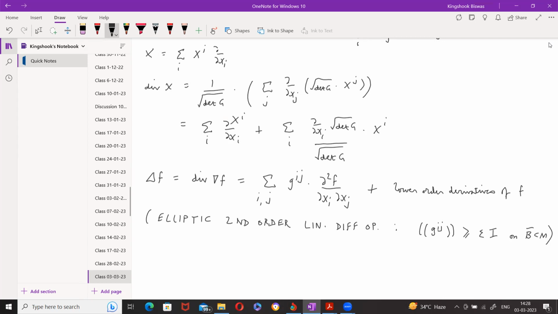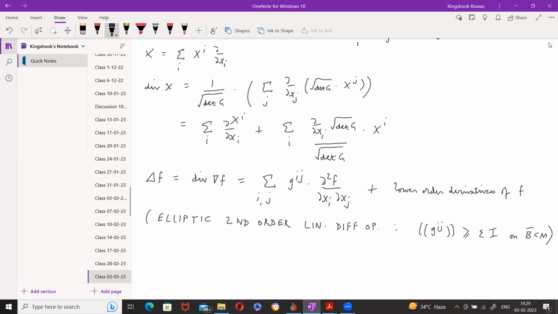What is it for a non-compact manifold? It may not be strictly elliptic. Yes, it will be positive definite, but this epsilon may go to 0 as you go to infinity in the manifold. So on a non-compact manifold, typically what happens is that the lowest eigenvalue of the Gij's goes to 0.